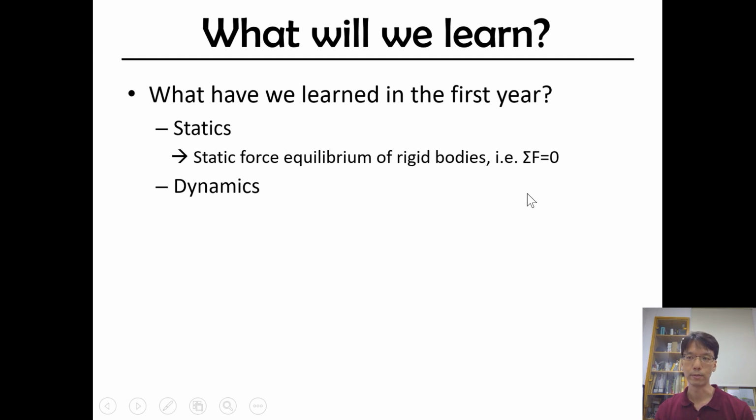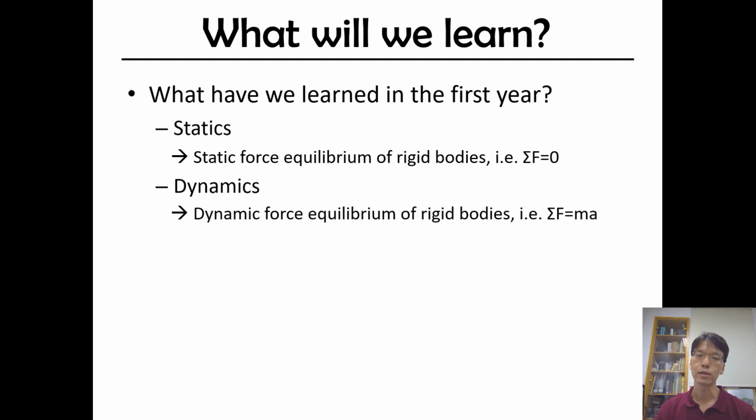You use the free body diagram to analyze the force equilibrium of a rigid body or rigid bodies. And basically the rigid bodies are not moving. So we always use the summation of the force equals 0, so the bodies will be balanced and will not move.